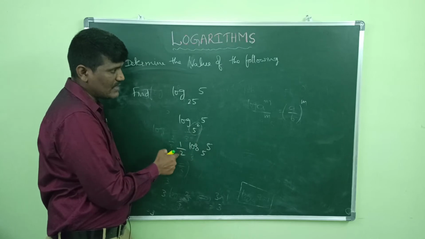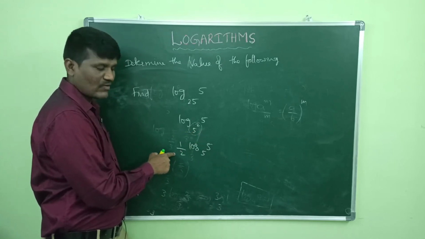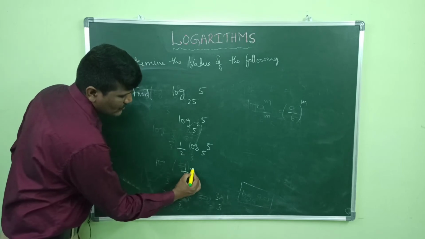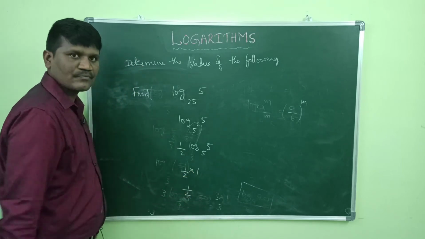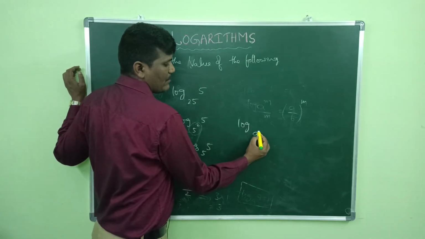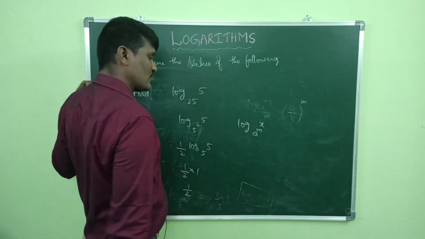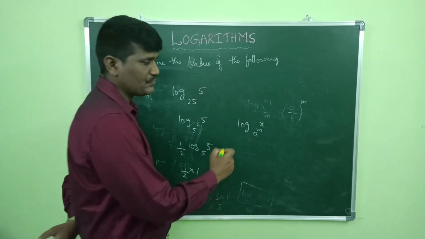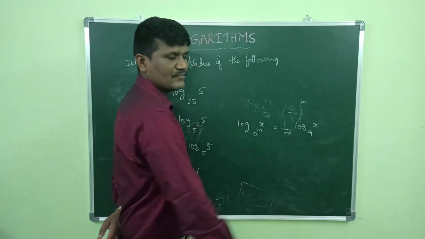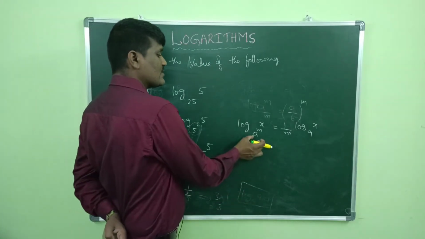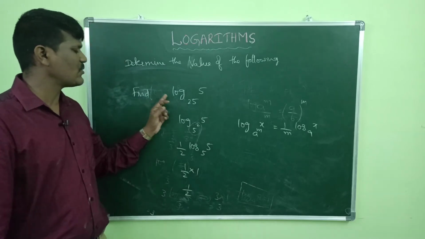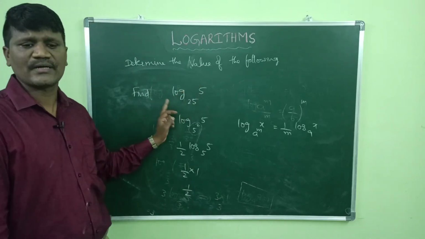So 1 by 2 log 5 to the base 5 is equal to 1 by 2 into 1 is 1 by 2. What is the formula I used here? Log x to the base a power m is equal to 1 by m log x to the base a. So if the power is in the base, I should write it in the denominator. So this is one type of problem, log 5 to the base 25.